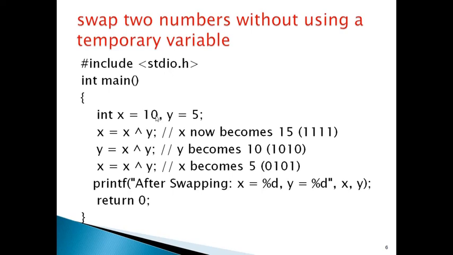The first operation is assigned to x, the second operation is assigned to y, and the third operation is again assigned to x only. After performing this XOR operation, we are printing the resultant value. Now we'll execute the same program in the compiler.